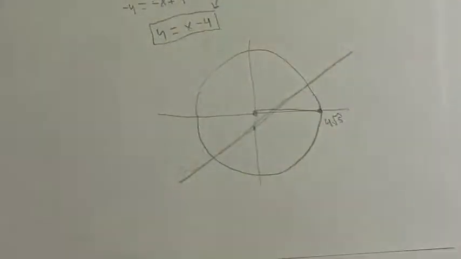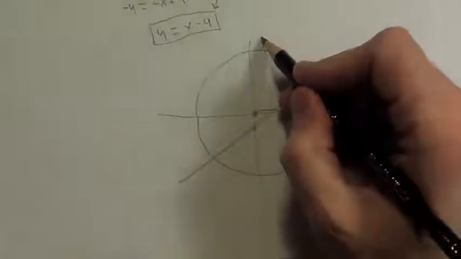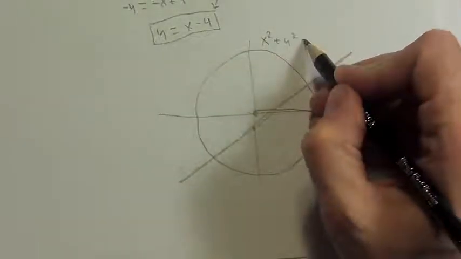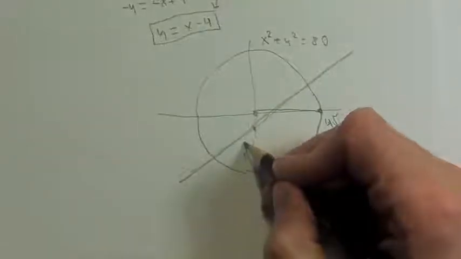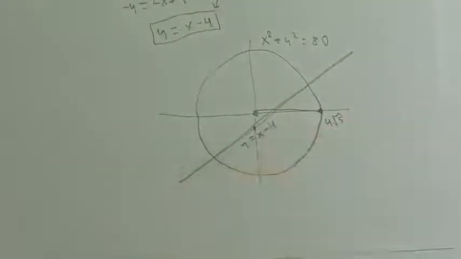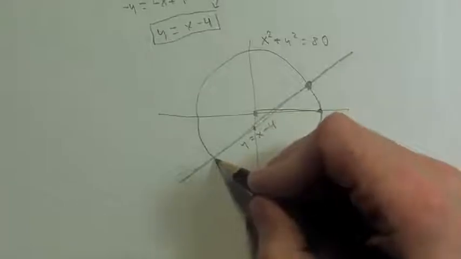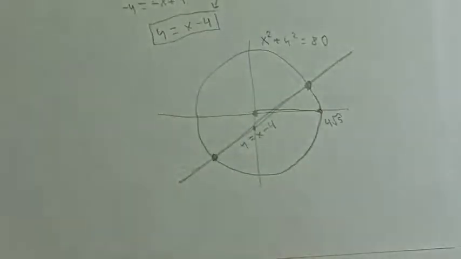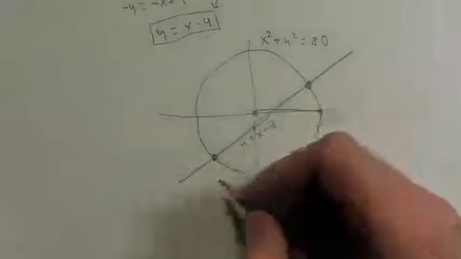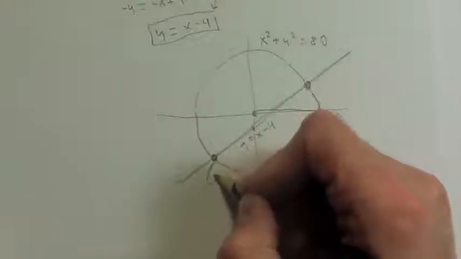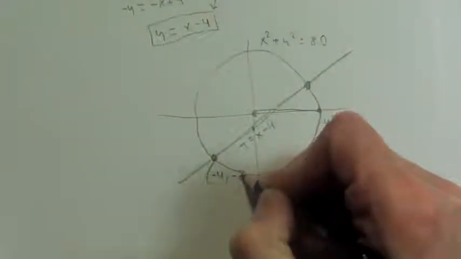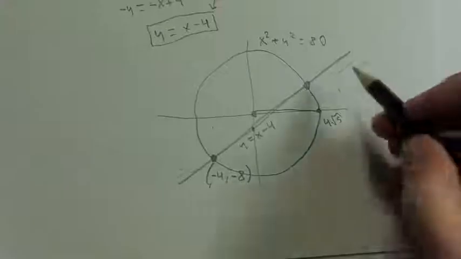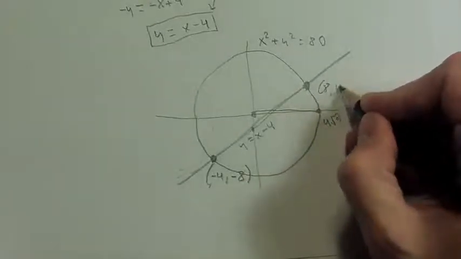Now this is not drawn perfectly or to scale or any of that, but here's our circle, x squared plus y squared is equal to 80. Here's our line, y equals x minus 4. And we see that these two intersect at 2 points. And the points we found were negative 4, negative 8. So this would be negative 4, negative 8. And this one was 8, 4.